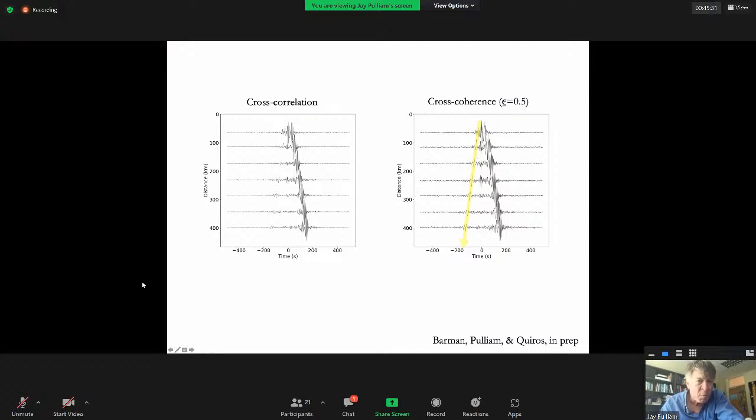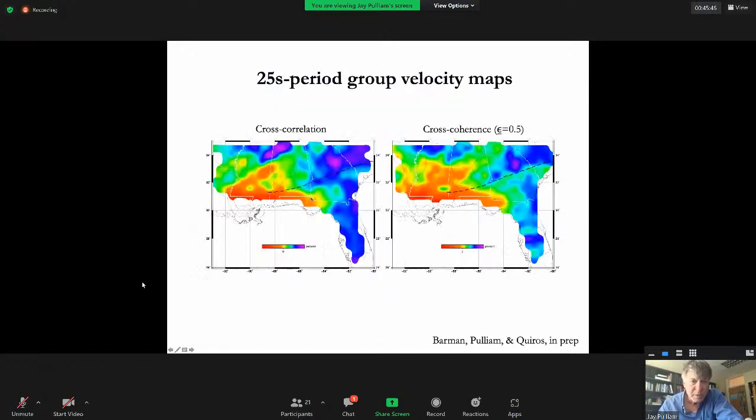If we form the surface wave period maps for group velocity for both of these, the dispersion curves that we compute for both these different techniques, we get, so here's the one with the cross correlation. Let me show you over here first.